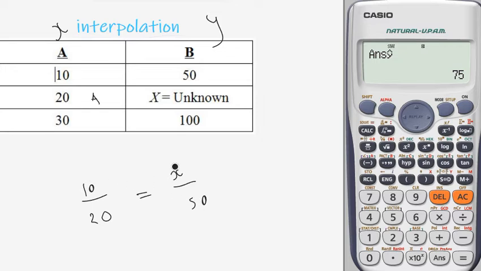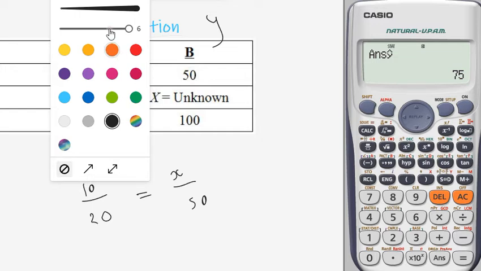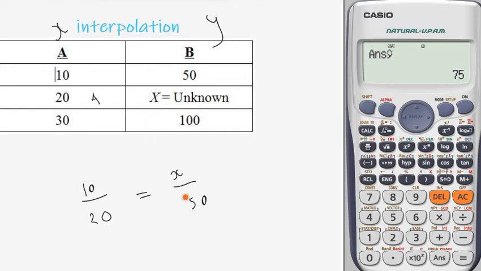And then you cross multiply and solve for x. This times this is going to be 500, divided by 20 is equal to x. Then you can use your calculator.